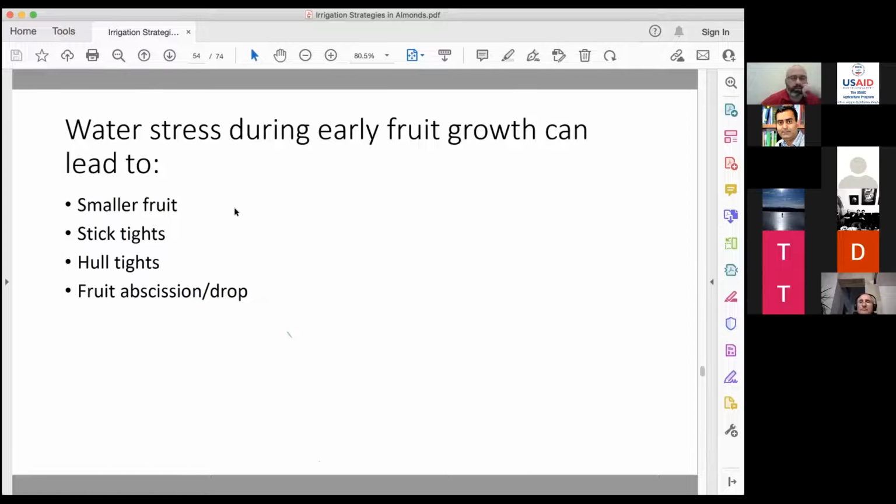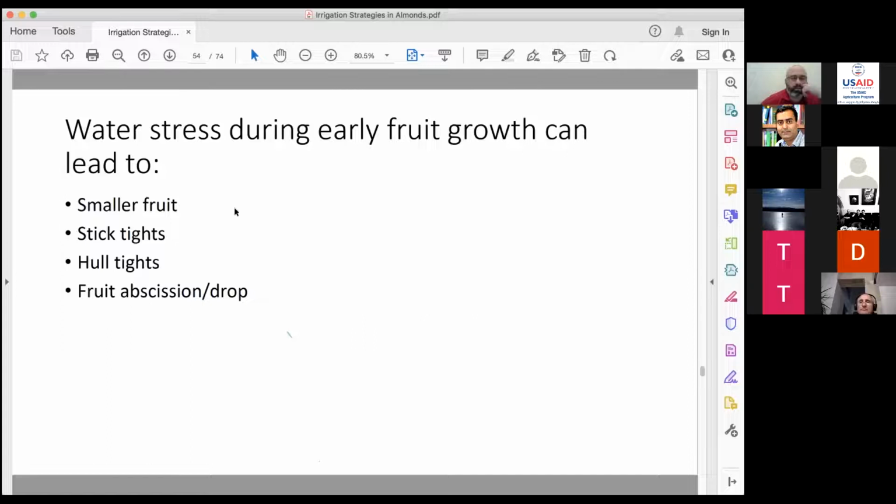During early fruit development, rapid fruit size attainment, and kernel development, there's a lot of carbohydrate demand. If your trees are low on water, then photosynthesis is not at full efficiency, and a lot of nuts cannot get enough carbohydrates.